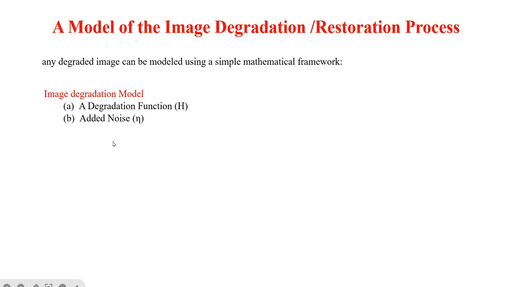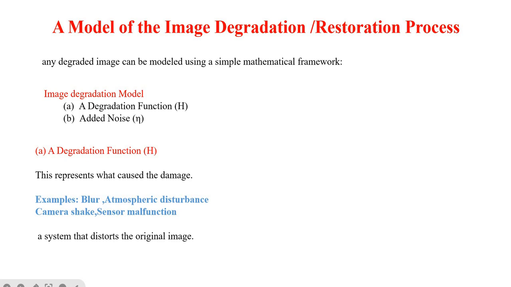First we will see what is a degradation function. The degradation function represents what caused the damage to the image. What was the reason to damage the image, or what is the cause. For example, you have blur due to motion. The image has been blurred due to the motion.